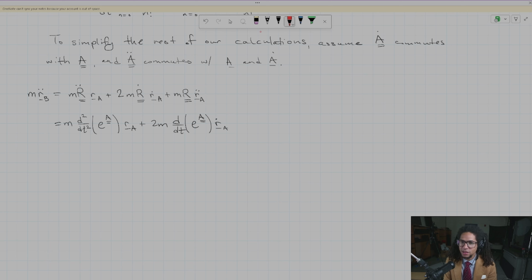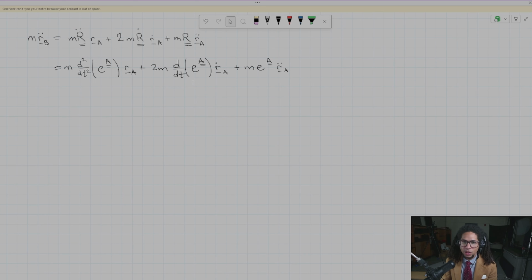Just note that this a names the reference frame, and this A names the generator. All right. Hopefully it won't be too confusing because this A has the 2 underlines under it to show that it's a matrix. All right, let's continue. So then we get plus m e to the A matrix r_a double dot. Good.